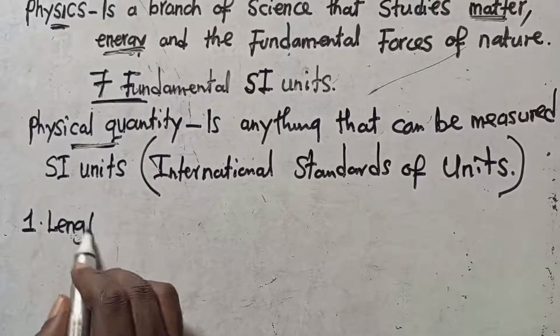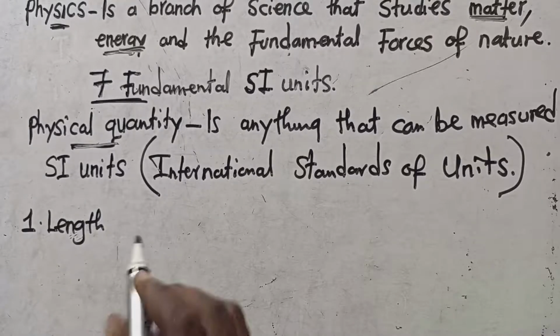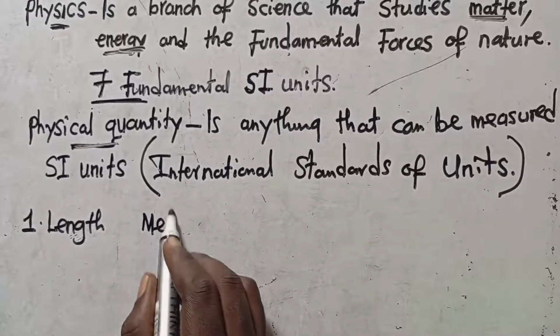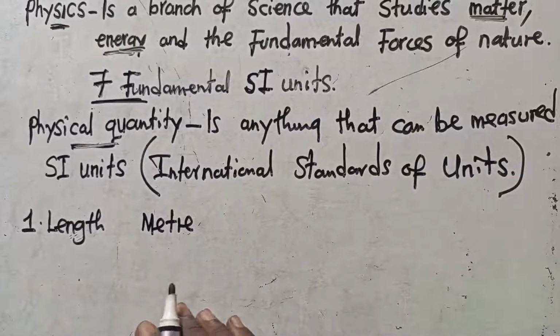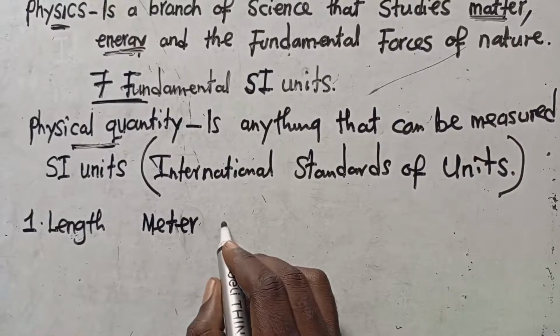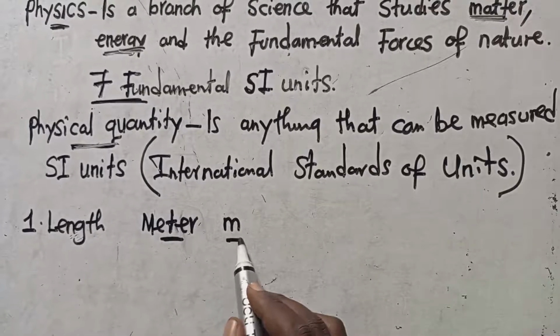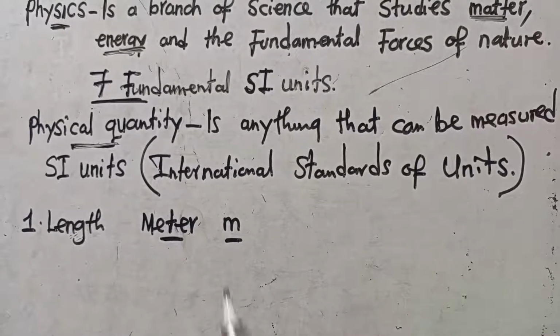Length is a physical quantity because you are able to measure length. What is the SI unit for length? It is meter. Length or distance is measured in meter. We say meter, which is small m. This is the SI unit, and this is the symbol. I want you to get this.